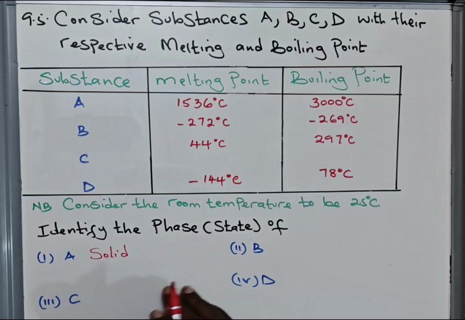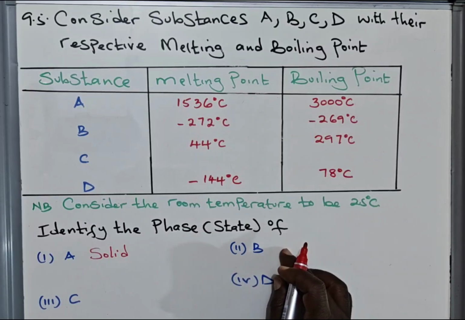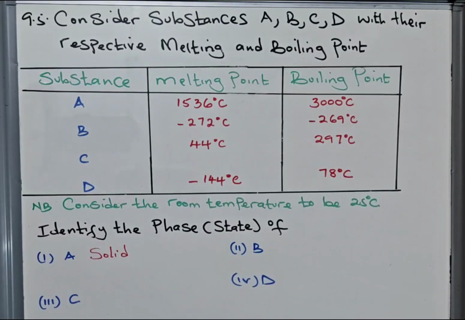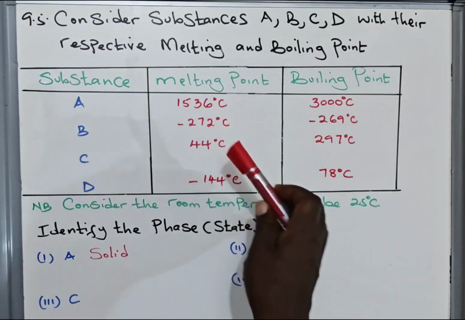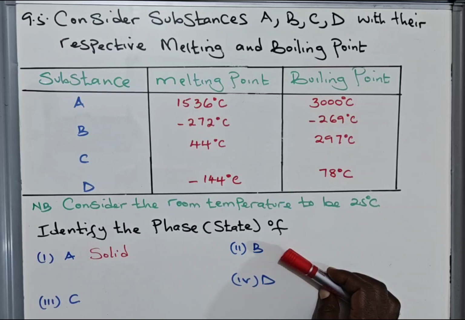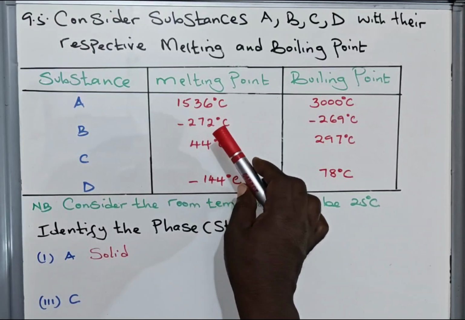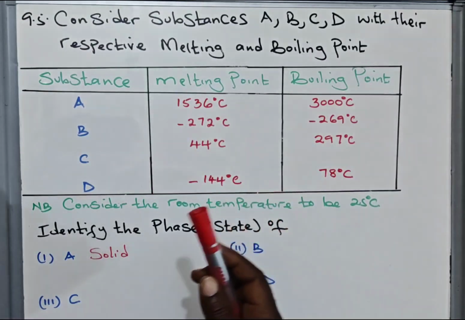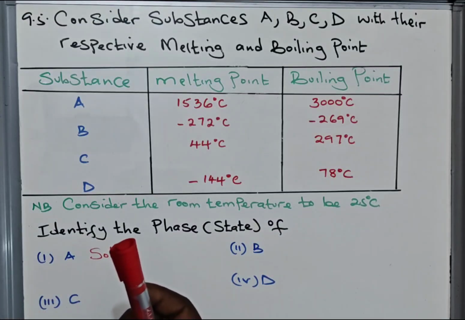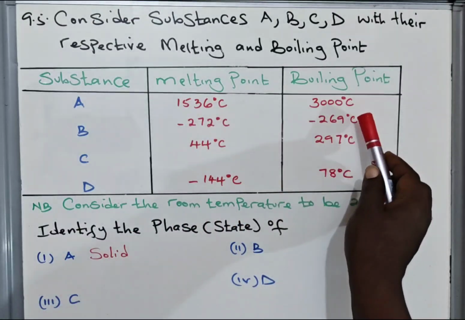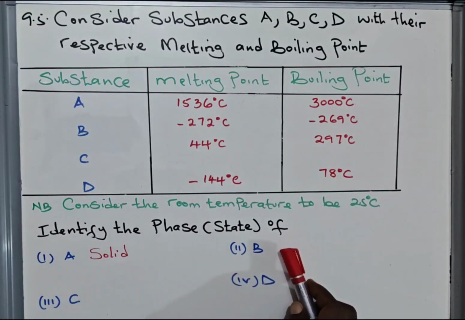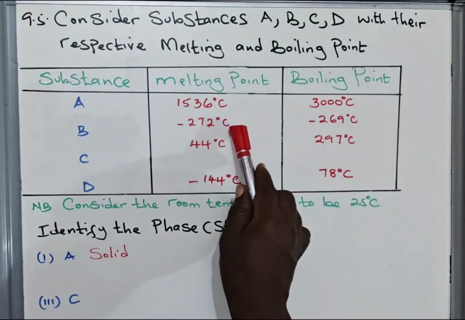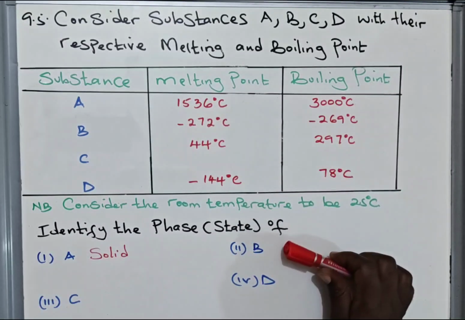Then we come to B. Its melting and boiling points are below 25.